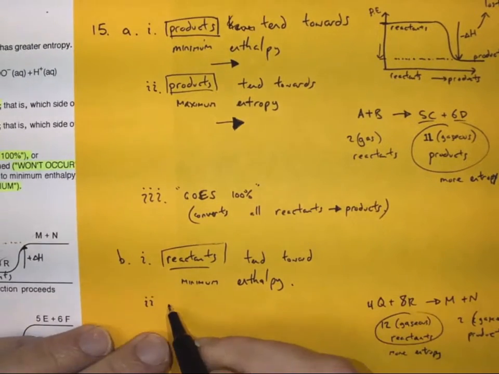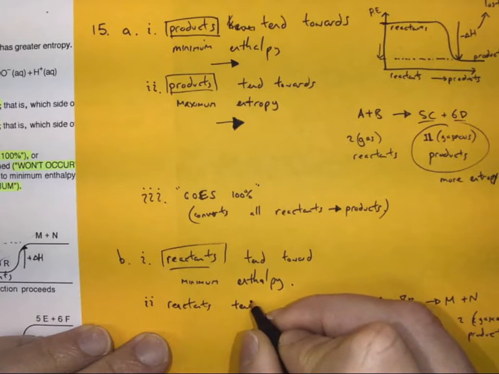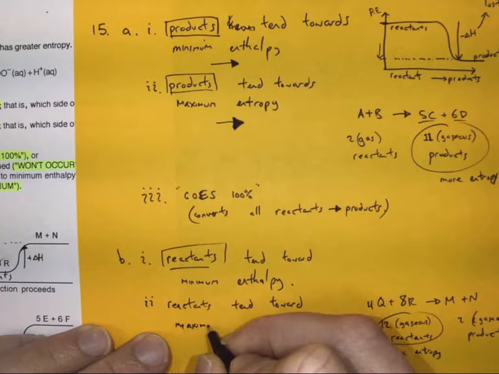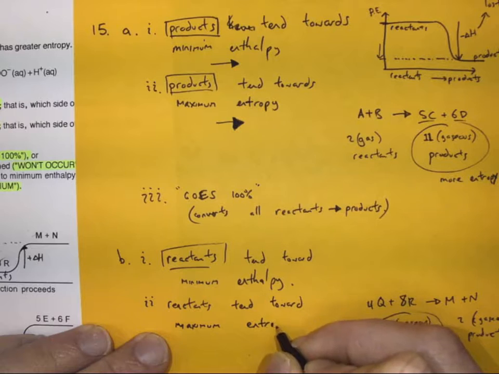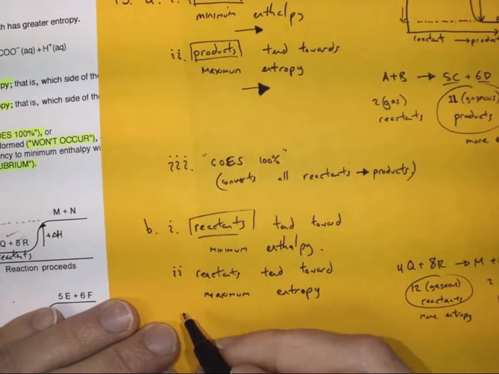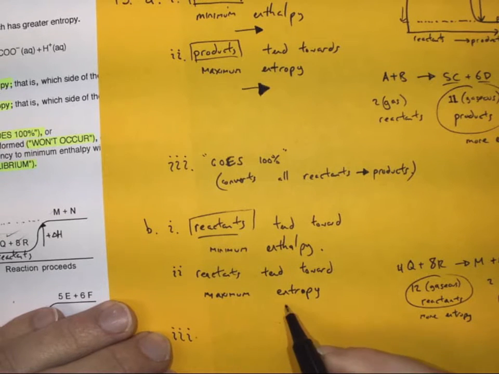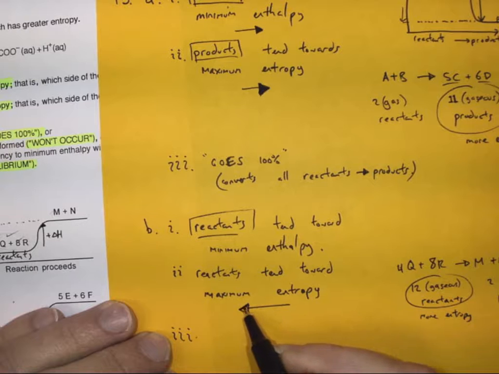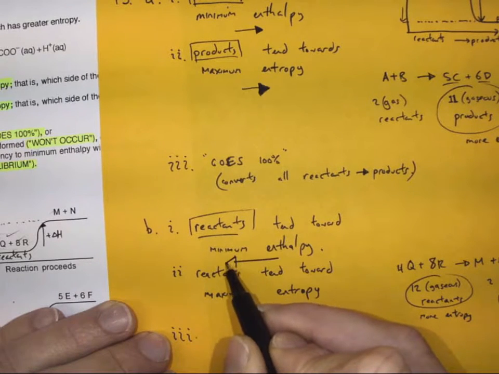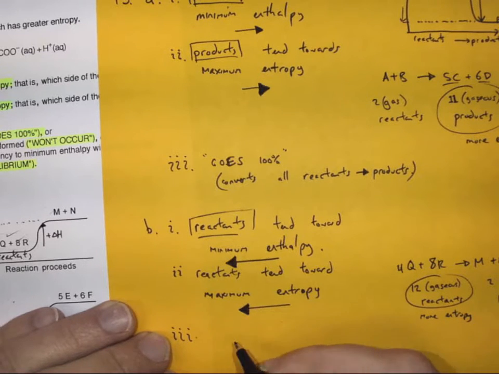Okay, so that means my reactants also tend toward a maximum entropy, chaos, disorder. All right, so as a result, the universe wants, from an entropic argument, to push the reaction to the reactants, and from an energy argument, wants to push our reaction toward the reactants.